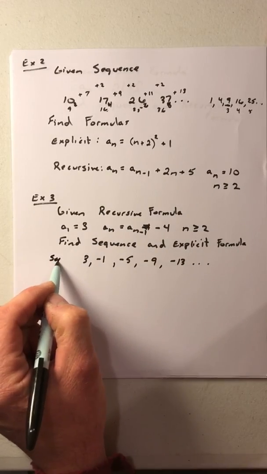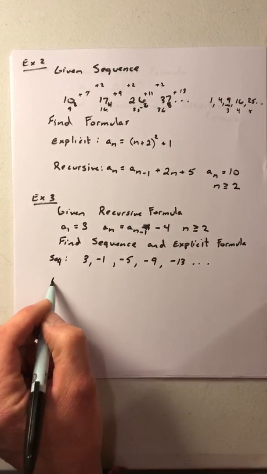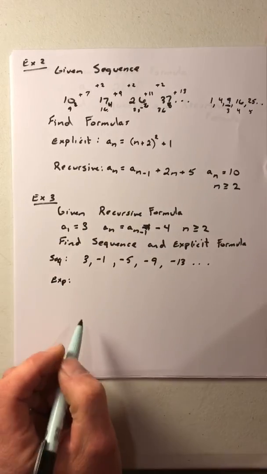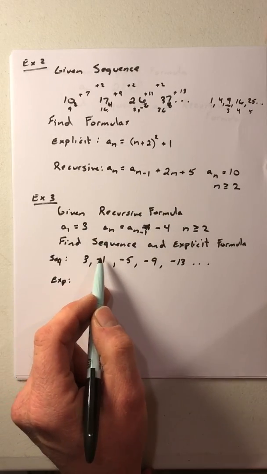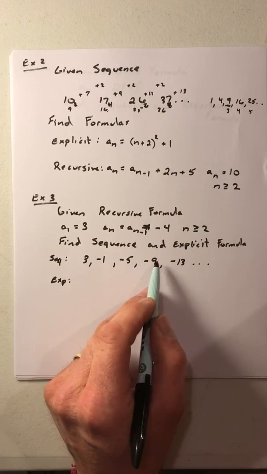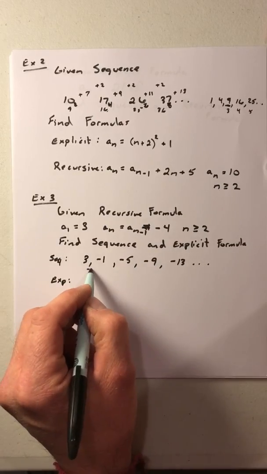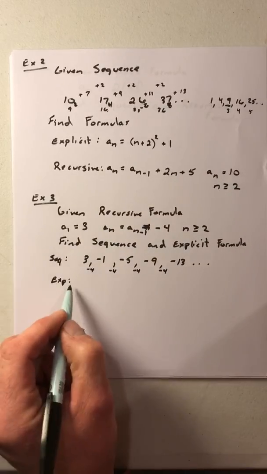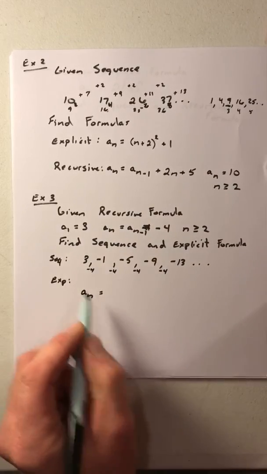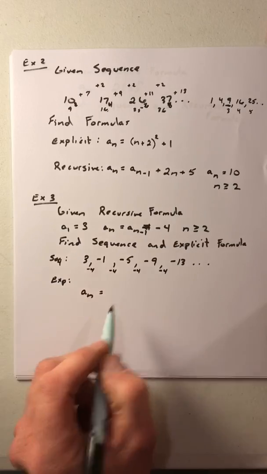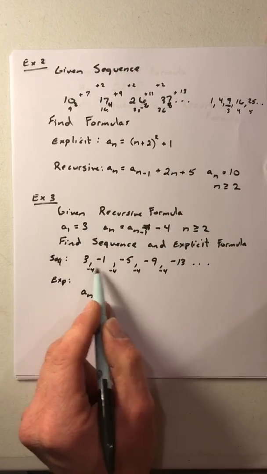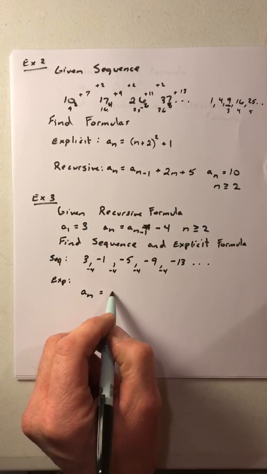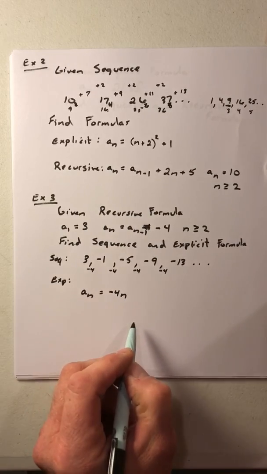There's my sequence. My explicit formula, well, how do I get from 3 to negative 1 to negative 5 to negative 9 to negative 13? I'm subtracting 4 from each of my terms. So my explicit formula is going to be a linear function. And in that linear function, my common difference, or my slope, is going to be negative 4.